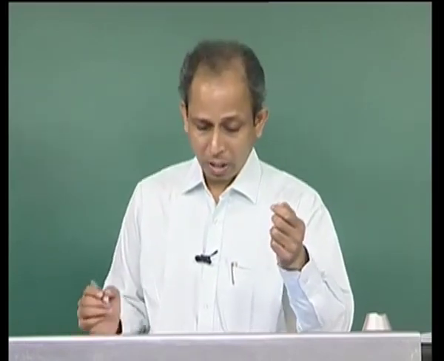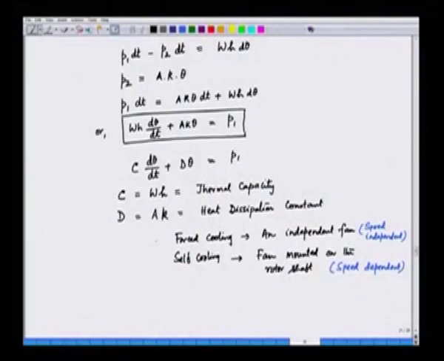So, for forced cooling, we can say K remains constant. And for self cooling, where we have speed dependent cooling, K varies with speed.